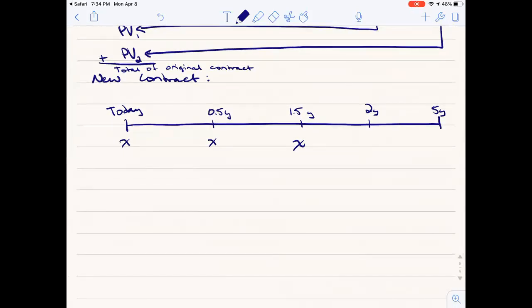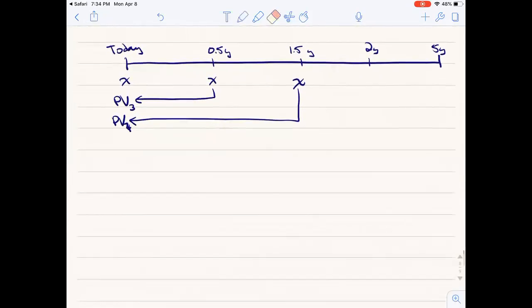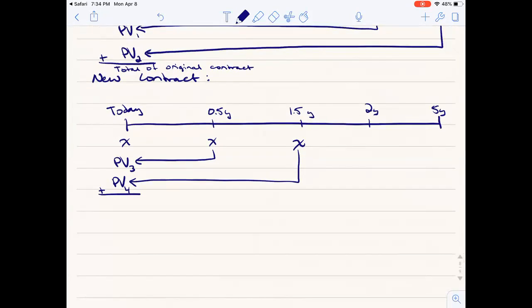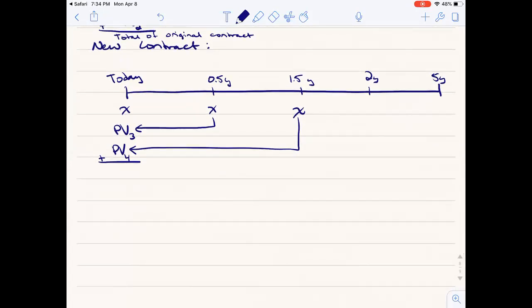So what I want is I want X plus the present value of this X, which I'll call present value 3, and the present value of this next X, present value 4. These have to total the same total as the original contract, right? Otherwise, they wouldn't be equivalent payments. So the total of the new contract.